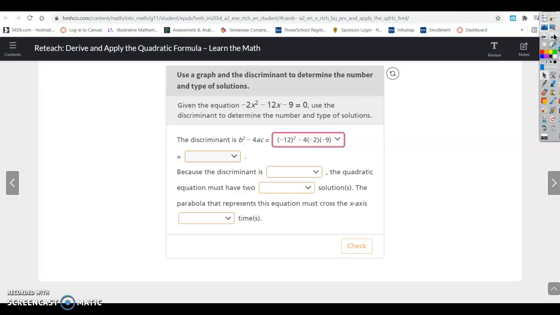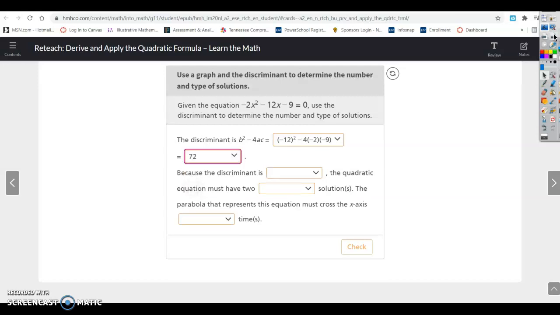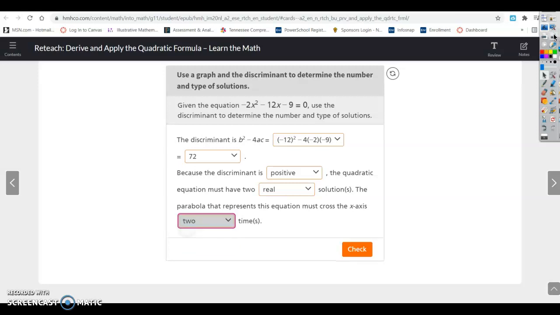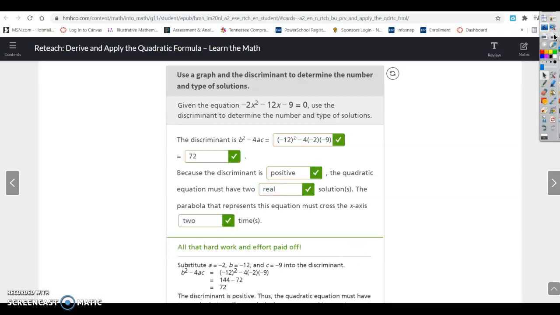So that's our correct answer. And then if we type that in our calculator or multiply that out, we're going to get 72. Because the discriminant is positive, the quadratic equation must have real solutions. The parabola that represents this equation must cross the x-axis 2 times.